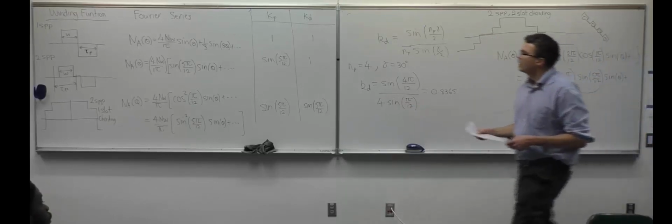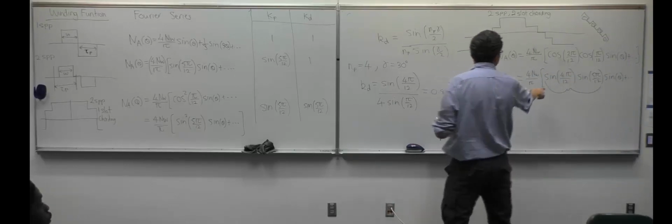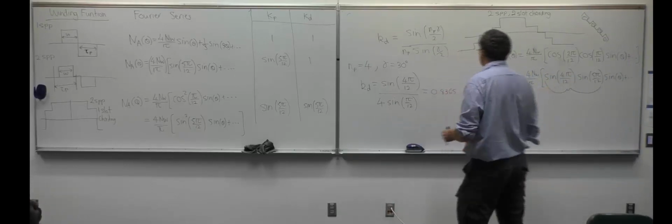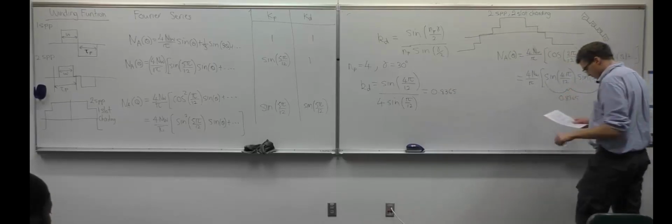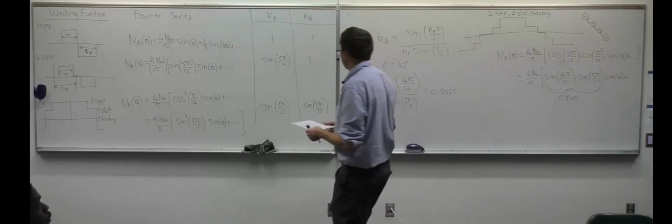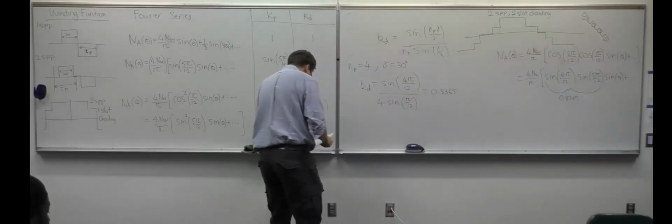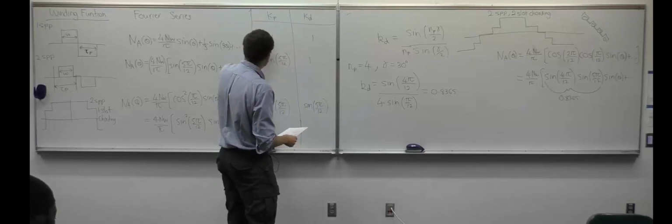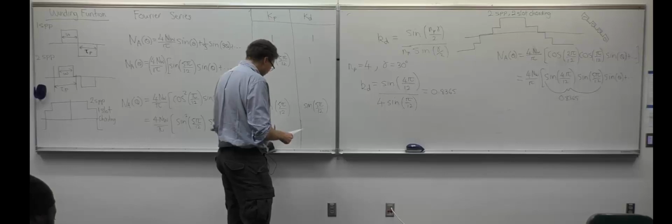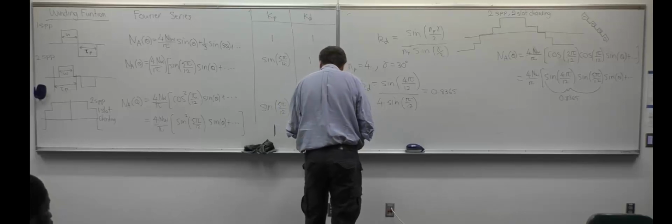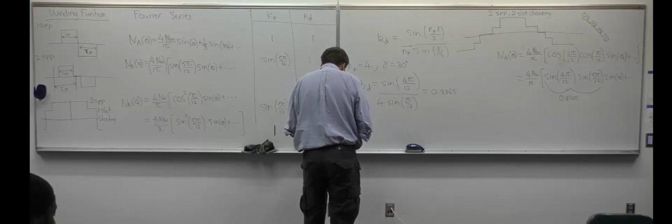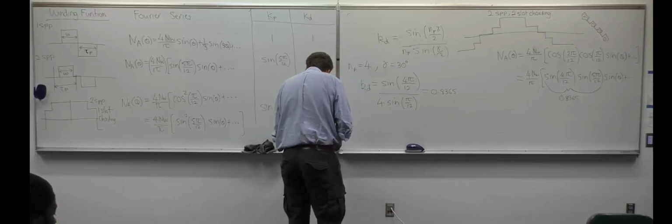So it gives the same number, 0.8365. Check your notes. So for the fourth case, the pitch factor is 1, and this is sine 4 pi over 12 divided by 4 sine pi over 12.